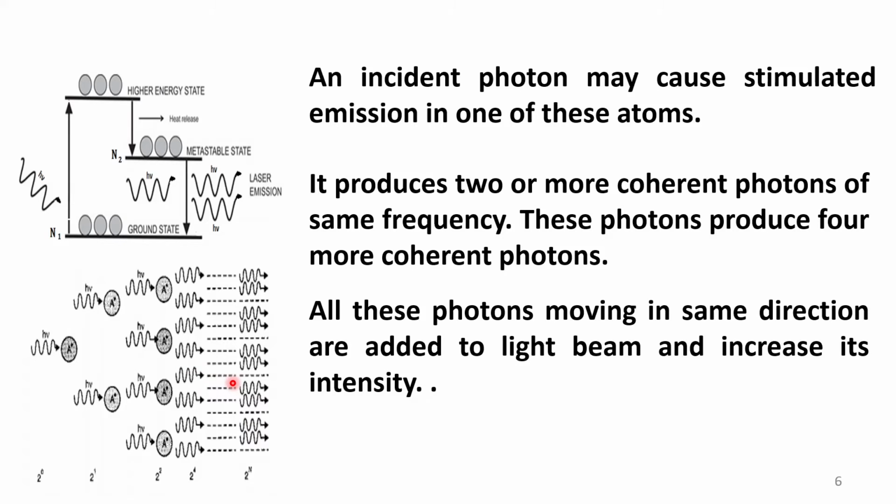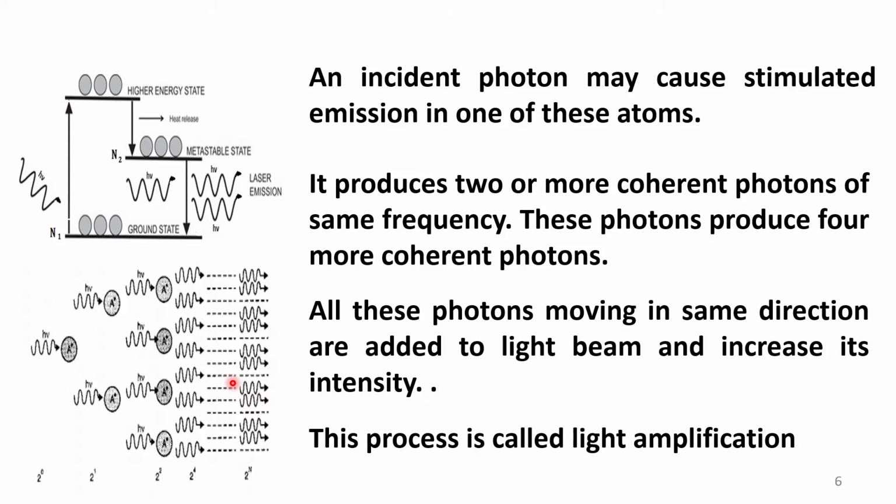That means due to this amplification, the number of photons emitted along the same direction with the same frequency as the incident photons increases, and due to that the intensity of the beam increases, and this process is called light amplification. So in this way, during the stimulated emission process there is light amplification.